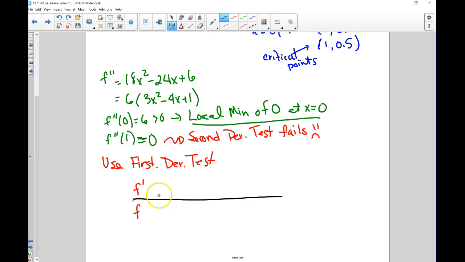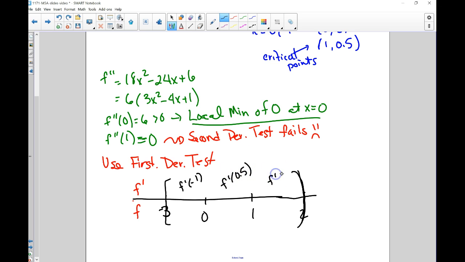Here my endpoint is 3, that is inclusive. So that's 3, and then 0, 1, and 2. 2 is exclusive. Now I'd have to take f prime of -1, f prime of 0.5, and f prime of 1.5, and compute their signs.